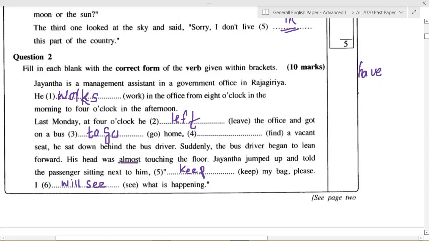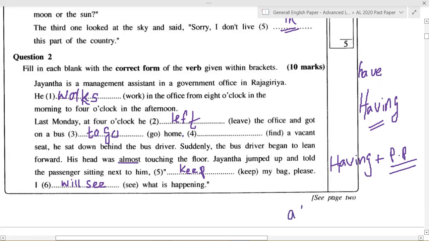Okay, right here. Now let's say we have a verb, have, as you know. We put ing on have, that's called having. When you write having plus the past participle form of another verb, that's called after doing that, after doing this verb.